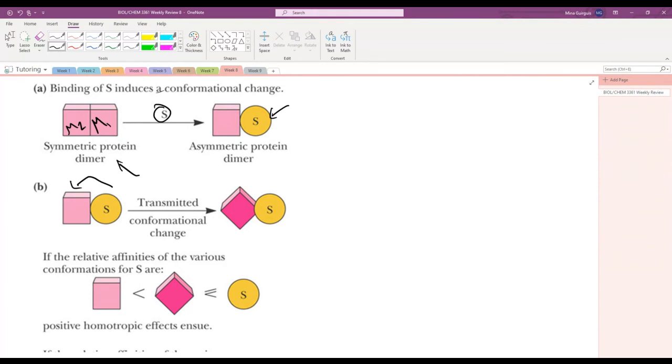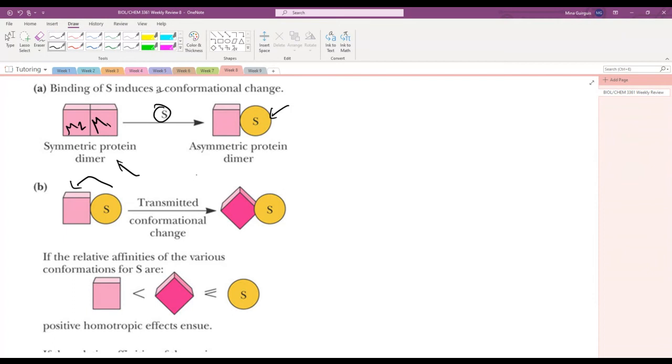When that happens, it changes how M1 and M2 bind, and so M2 changes just a little bit. This change can be something as simple as they move around and that opens or closes the binding site a little bit more for substrate.